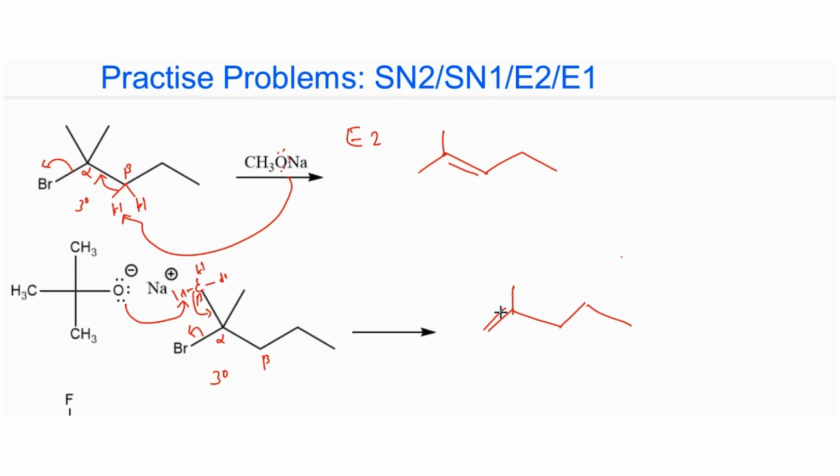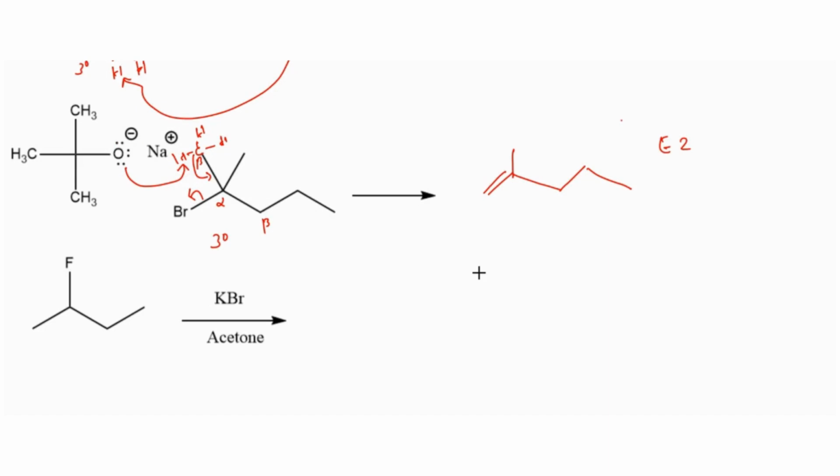This is also followed by the E2 mechanism. So this is the main difference: the earlier base is strong but not bulky, giving the Zaitsev product, while this is a bulkier base. These are the main differences we can observe from the base.